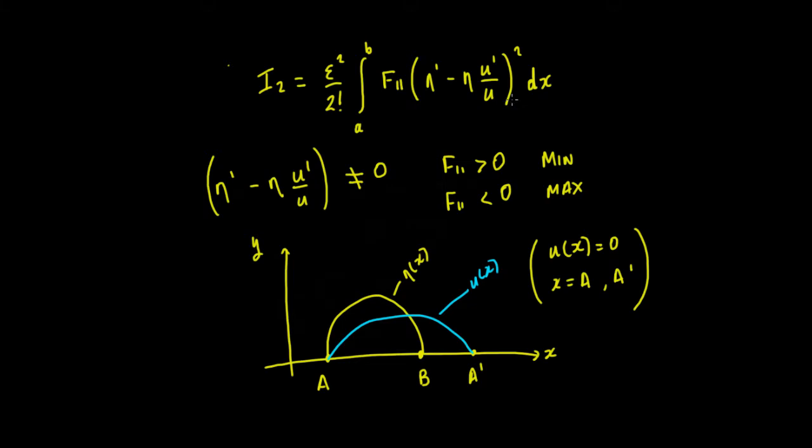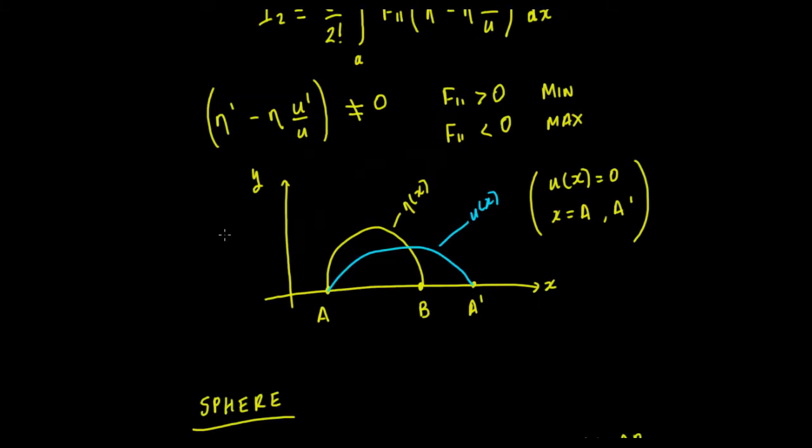So the sign of I2 is going to be determined completely by the value of this f11. If f11 is greater than 0, then we've got a local minimum, and if f11 is less than 0, then we'll have a local maximum.